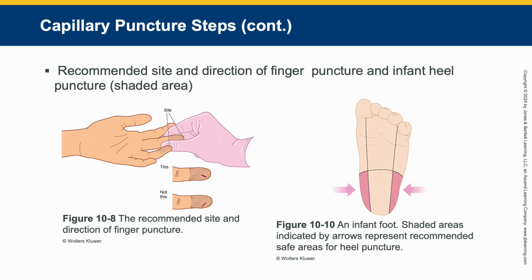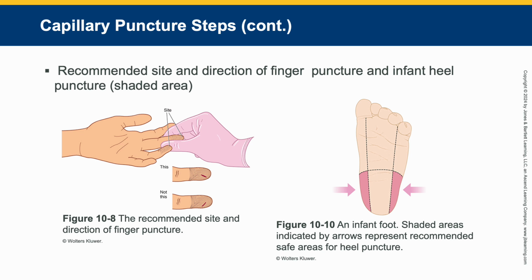Okay, this is figure 10.8 and 10.10 in your book. These are the recommended sites and the direction of the finger puncture and the heel puncture. The shaded areas show you where you want to stick on the ring finger and the middle finger on the non-dominant hand.